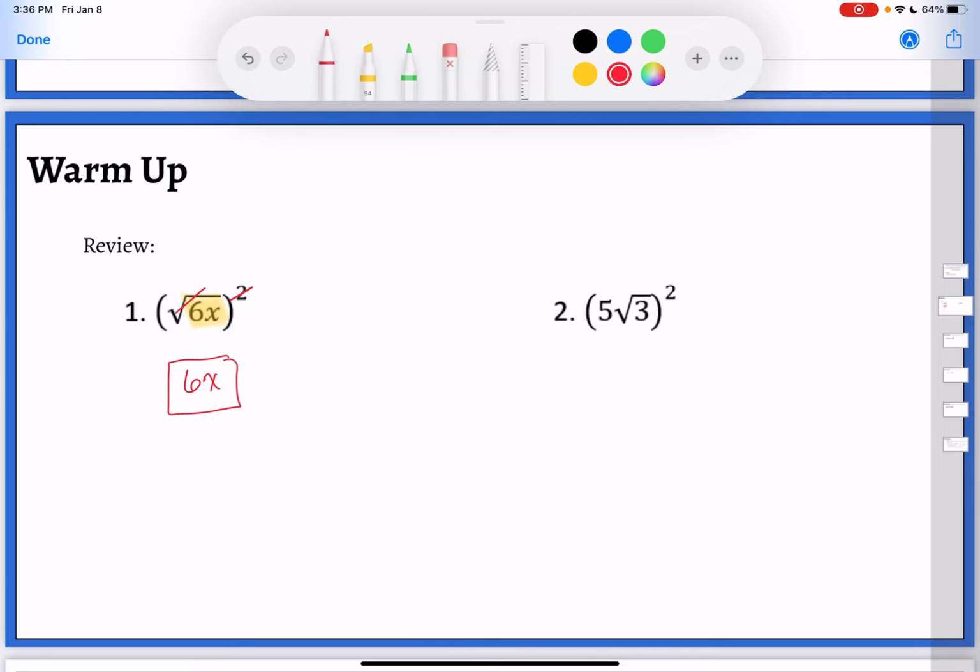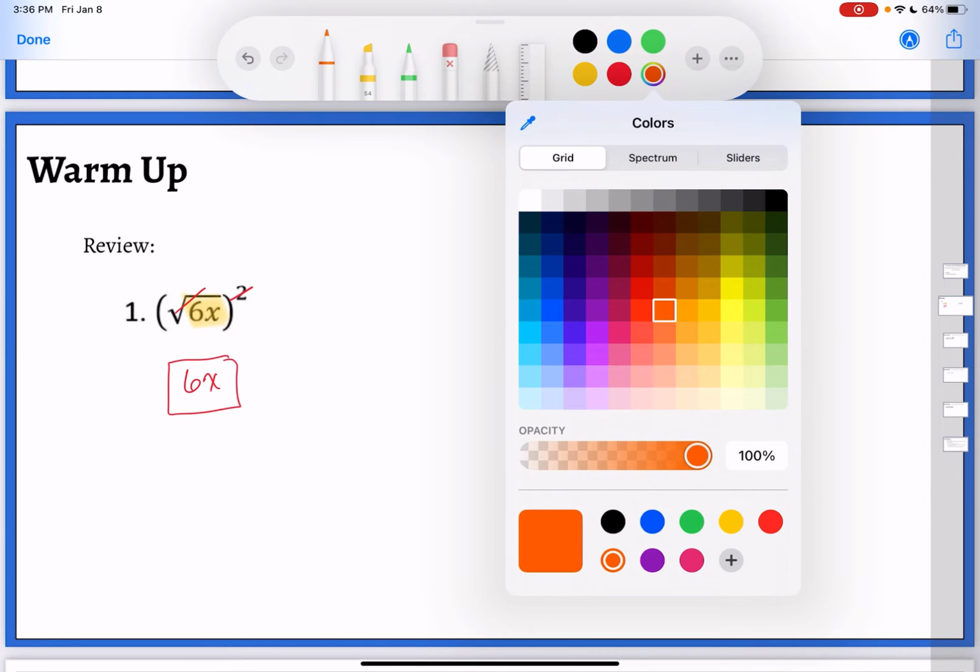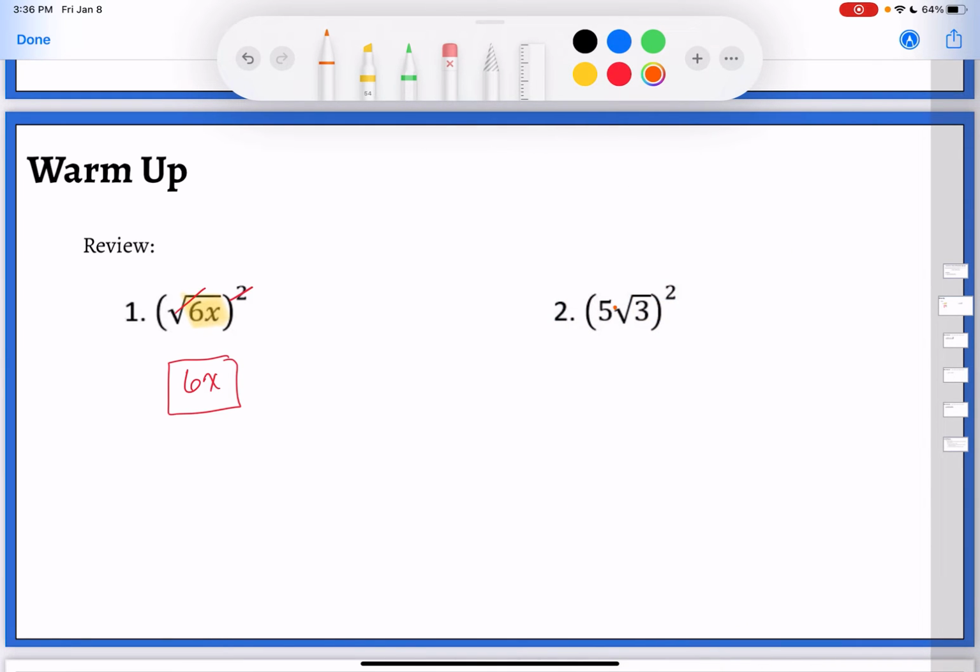Number 2, however, the 5 is on the outside of the radical and the 3 is on the inside. So technically this is 5 times radical 3, right? And when I have an exponent outside of parentheses and multiplying inside, that means that I am going to distribute my exponent. So this is really like 5 squared times radical 3 squared.